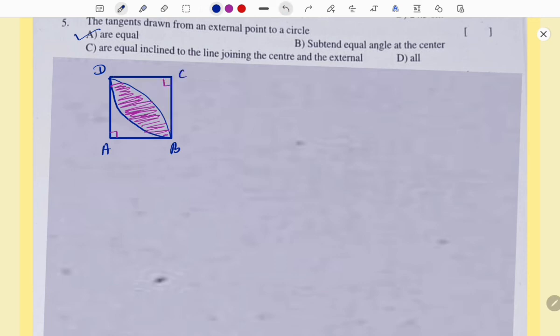Once you see, suppose you erase this part, you erase this one. Now this is also a quadrant circle. So how many quadrant circles are there? 2 quadrant circles are there. In each quadrant circle a shaded part is there.